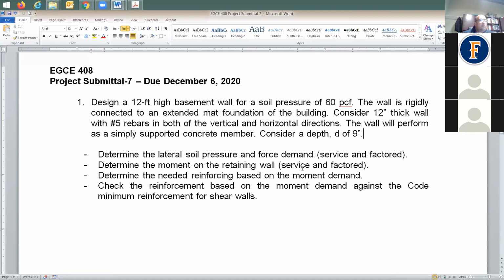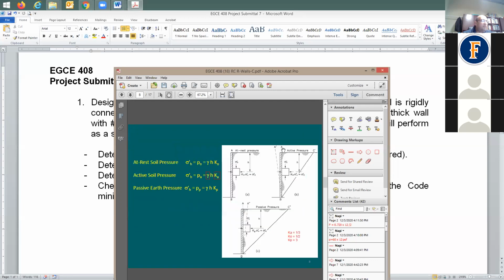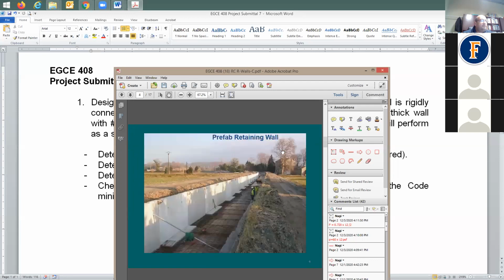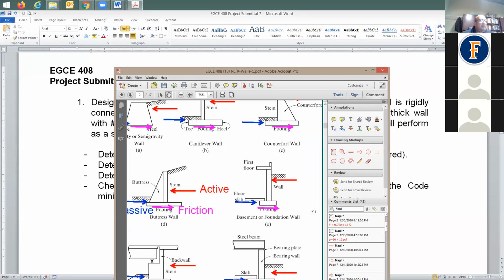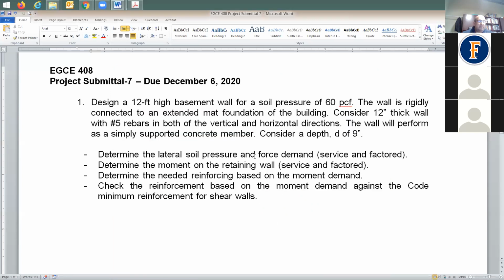Determine the moment on the retaining wall, service and factored, which means at one time you consider this soil pressure as is, like 720. Another time, you multiply by ultimate and find out the moment. So we're going to have two moment values. One is for the service, and the other one is for the factored or ultimate.